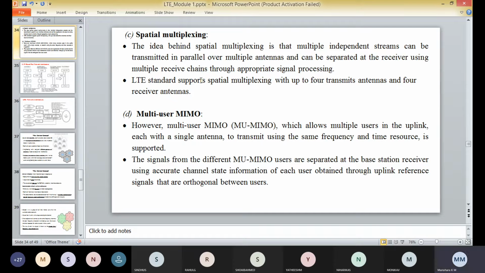Signals from the different users are separated at the base station receiver using accurate channel state information of each user obtained through the uplink references, with signals that are orthogonal between the users.